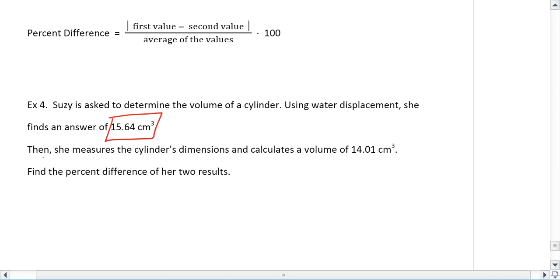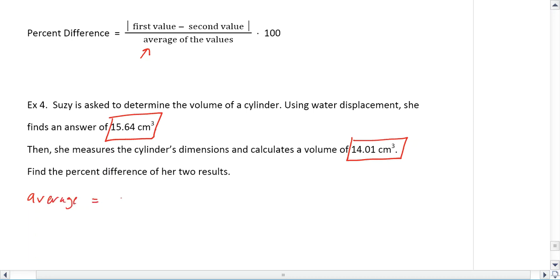Then she does the calculation a different way. She measures the cylinder's outside dimensions and uses the formula, area of the base times the height, and she finds a volume of 14.01 cubic centimeters. And we're asked to find the percent difference of the two results she found. So let's find this denominator first. Let's find the average of her two values.